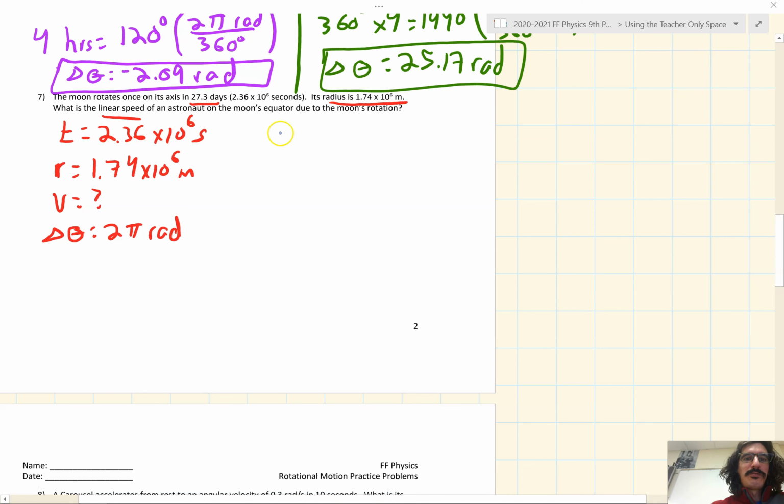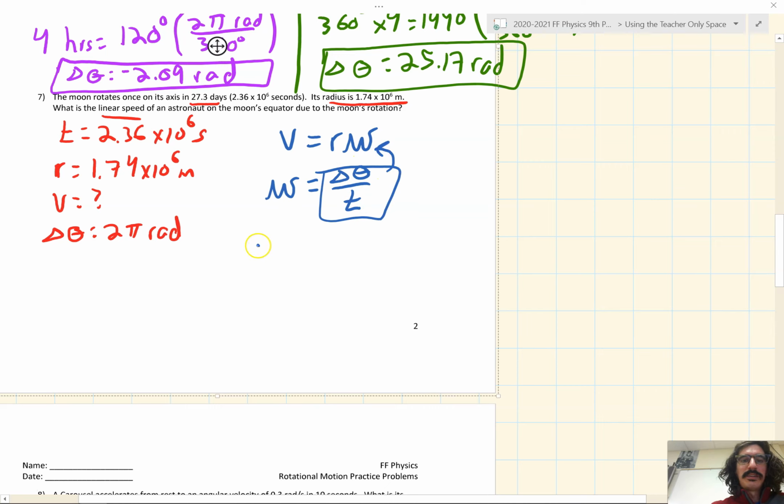And we know that v, the linear velocity, is equal to r, the radius, times omega, the angular velocity. And we also know that omega is equal to the change in theta all over the time. So if we plug in change in theta over t for omega, that leaves us with v equals r delta theta all over t.